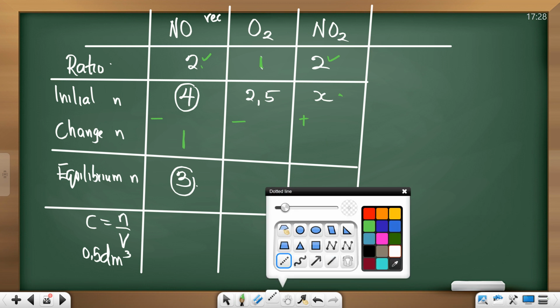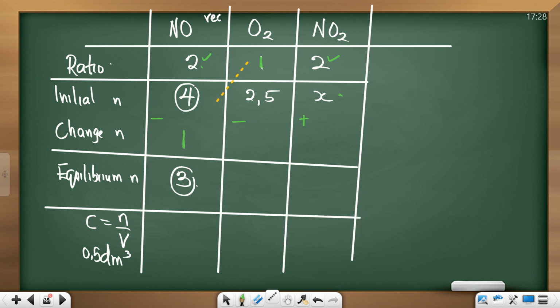There's one method that I usually like, which is called cross multiplication. I cross multiply the ratio and the change. If I don't know this, don't forget it's ratio and change. 2 times A is 2A. 1 times 1, 1. What is A? 1 over 2. So you see again, it's 0,5 there.